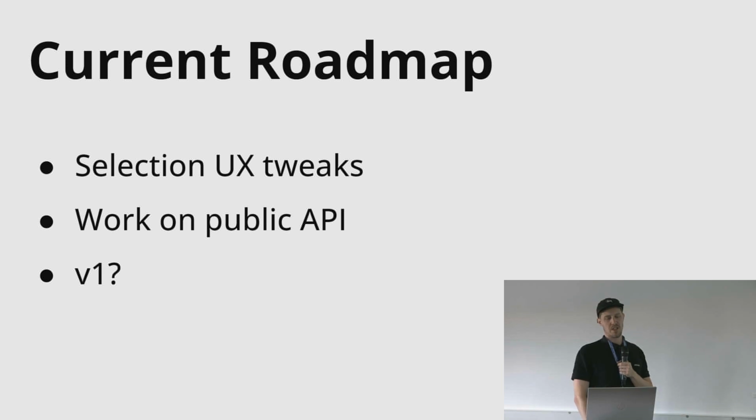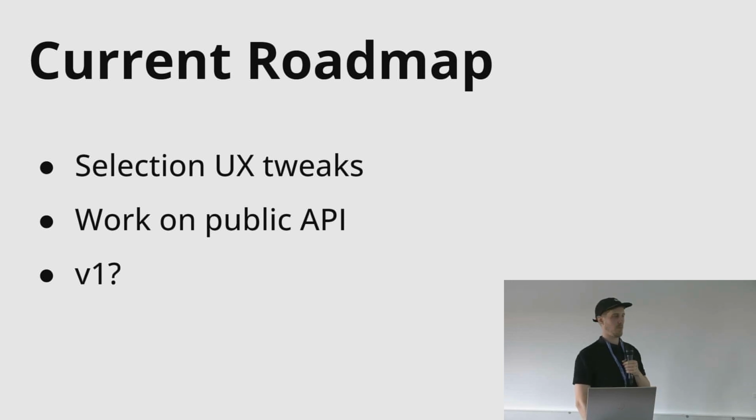But then also potentially adding a few more convenience methods to the public API. Potentially looking at things like, I want to know what features are under my cursor at this point in time, and being able to do that from the public interface of a Terra Draw instance.